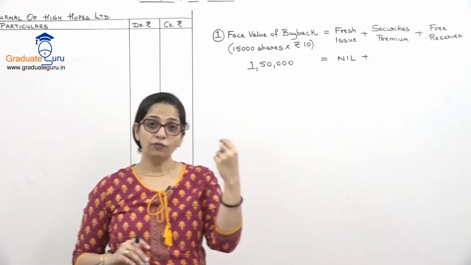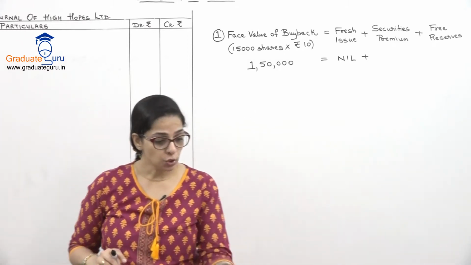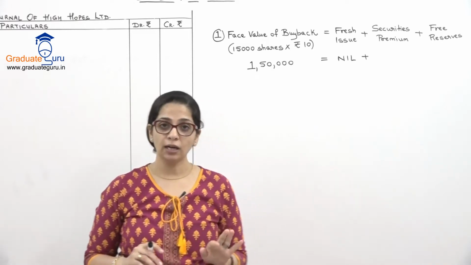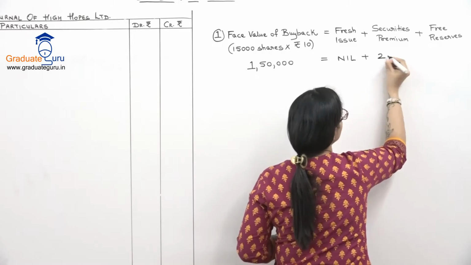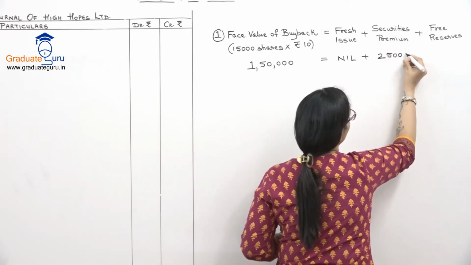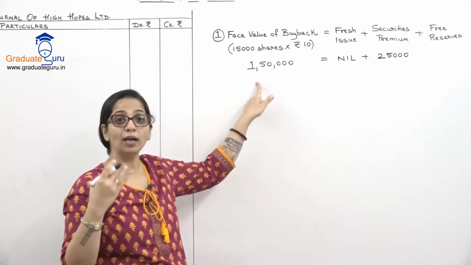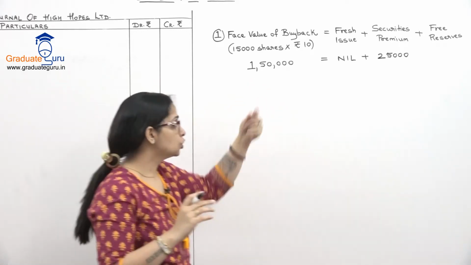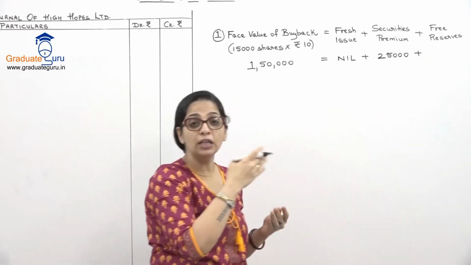So the first chance we get, we will use up securities premium. The securities premium balance given is 25,000, so first I am going to use that 25,000. But what do I need? I need 1,50,000.